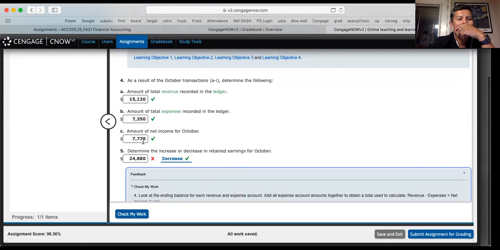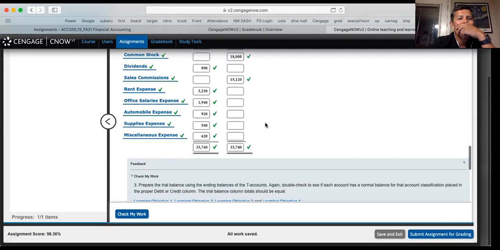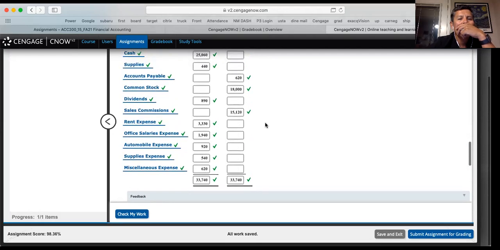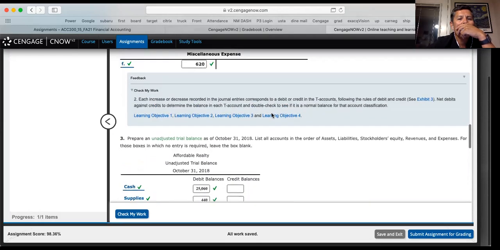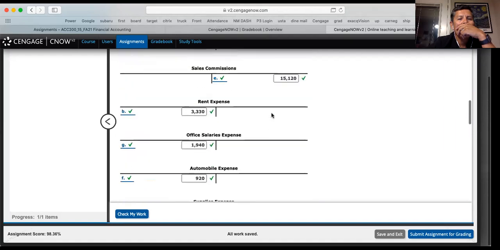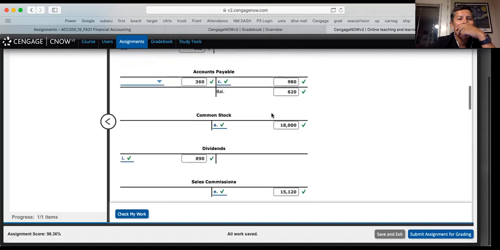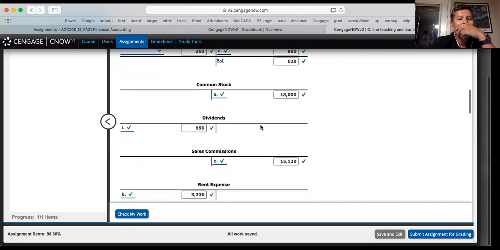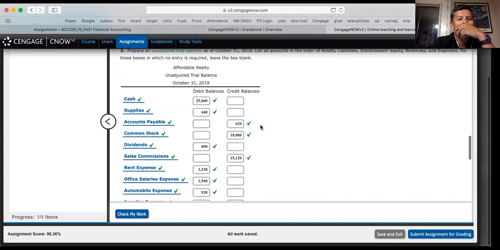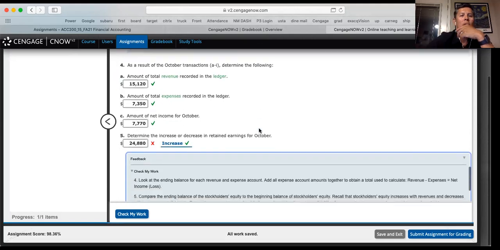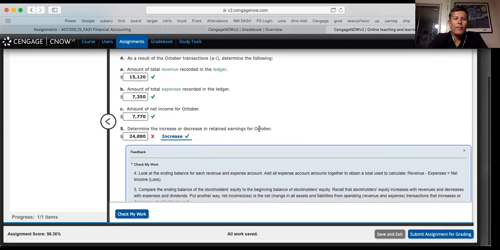Okay, it didn't increase by this much. Let me look at that. That's correct. Where's our retained earnings? Common stock. Let me see this again.